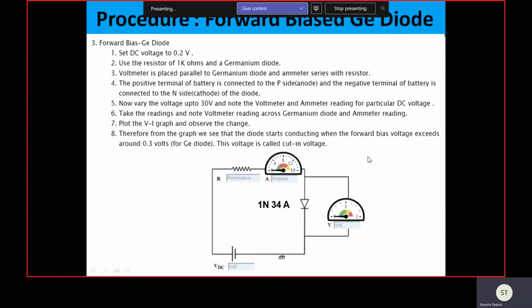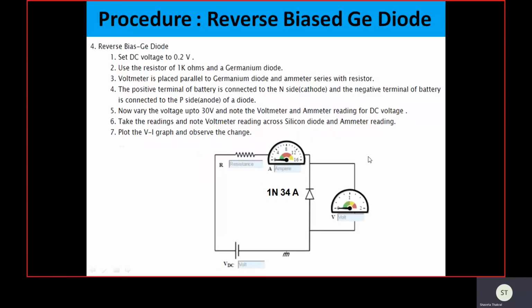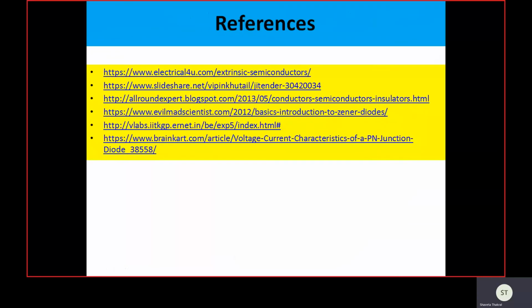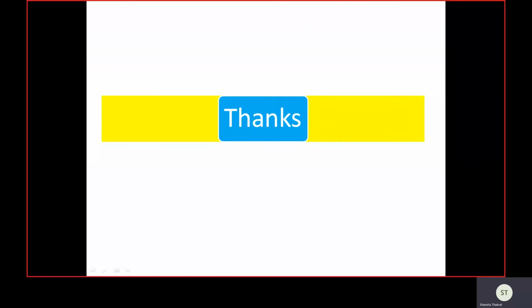And next we have the reverse biased germanium diode. So as per the given procedure we can plot the VI characteristics of the reverse biased germanium diode, and these are the references we have used to demonstrate experiment number 1. Thank you.